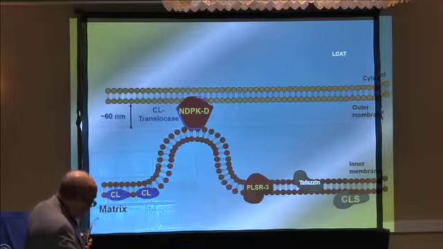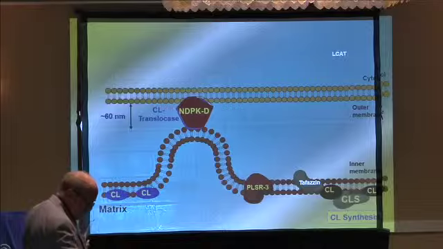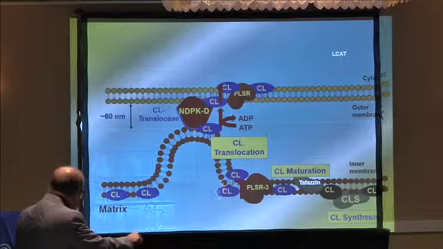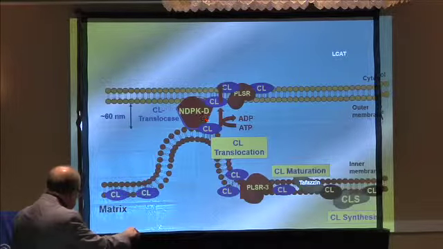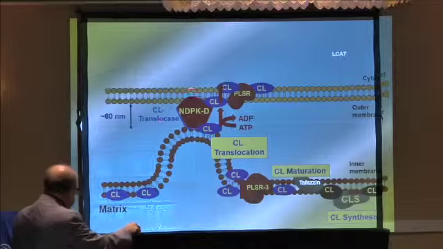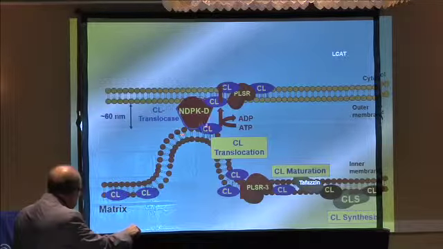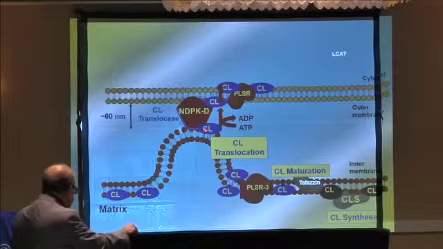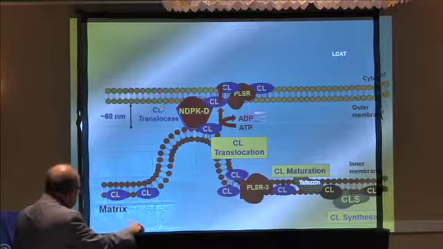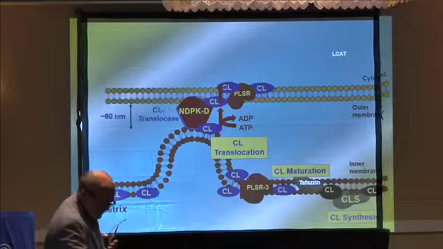Step 1 is migration of cardiolipin from the inner leaflet to the outer leaflet of the inner membrane. Then there's a big journey, and cardiolipin has to somehow jump from the inner to the outer mitochondrial membrane. And finally, it has to get externalized to the mitochondrial surface.